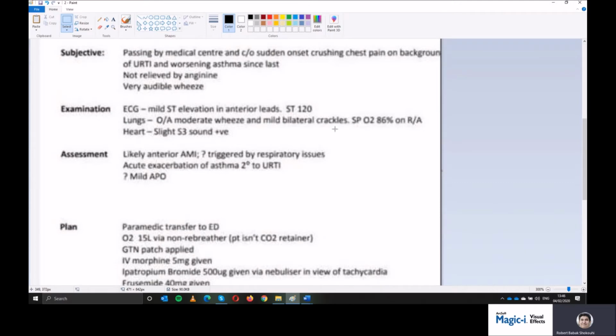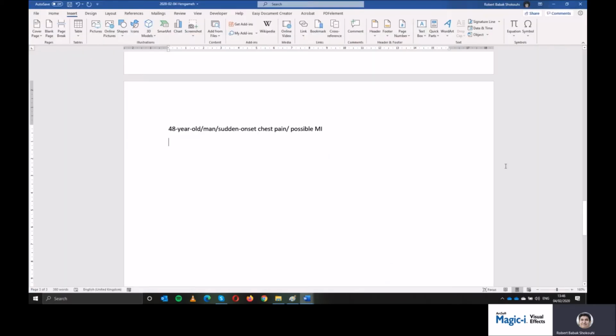Now what is the essential information? Tell me, what is the next thing you explain to the registrar? You start to say how it happened. Could you tell me more about how you found out he has MI? The first thing I said was the subjective, and now is the objective.